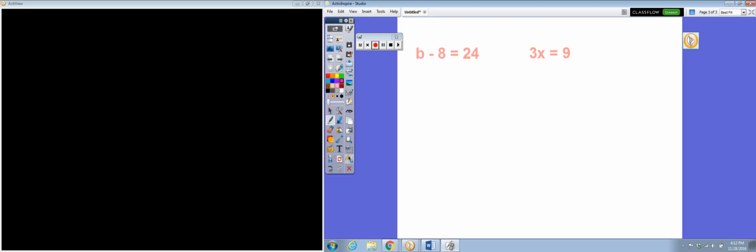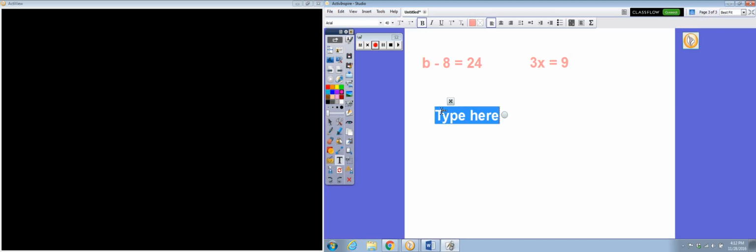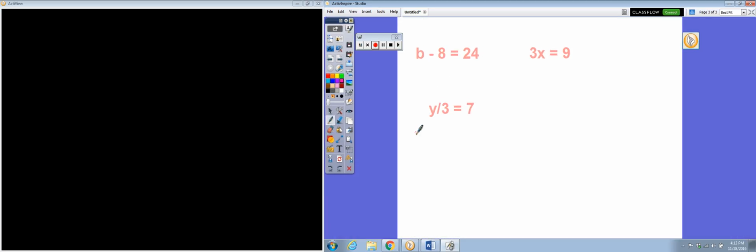The last problem is y divided by 3 equals 7. Okay, and I'm going to rewrite this how you'll normally see it. So y divided by 3 equals 7. Okay, I see division. I see 1 over 3 y equals 7.